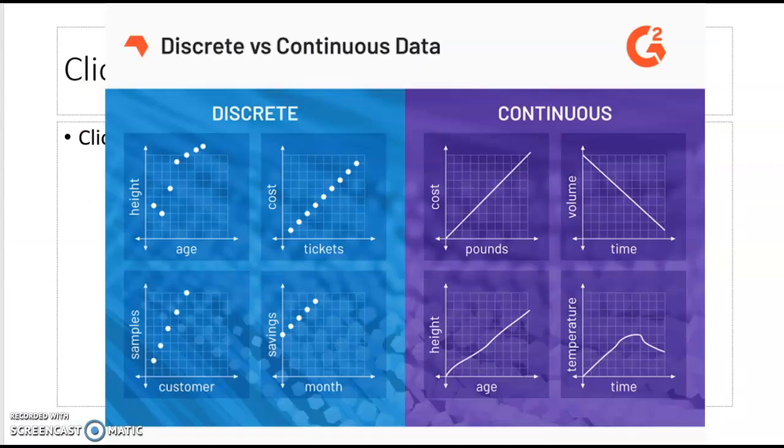We did this back in linear functions, towards the beginning of the year. Discrete is dots and continuous is line or curve. So when I taught you back then, I went through that discrete were dots, D and D, and continuous are lines and curves.